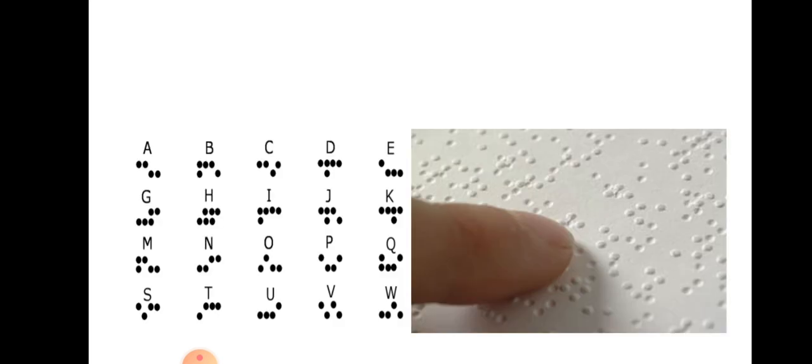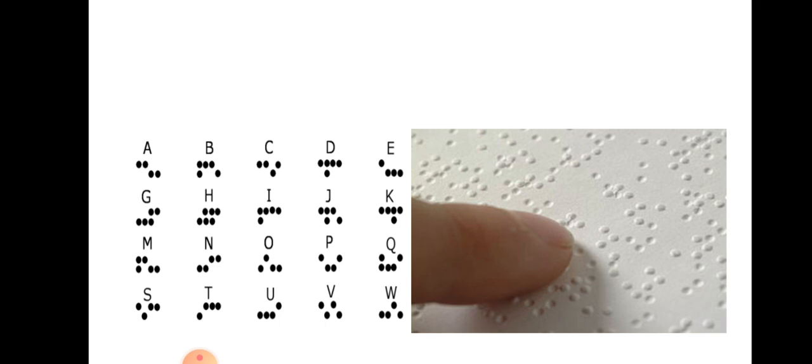The first one is the alphabets. In the Braille system there are 63 dot patterns or characters. Each character represents a letter, a combination of letters, a common word or a grammatical sign.